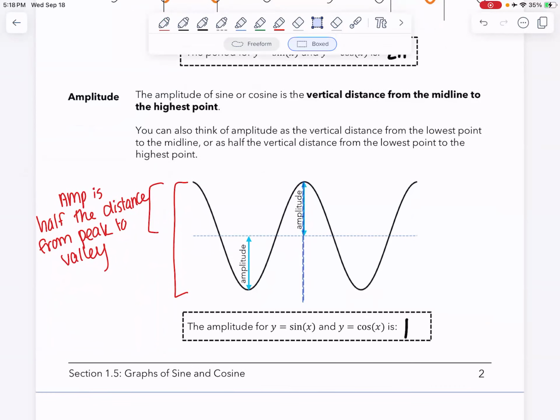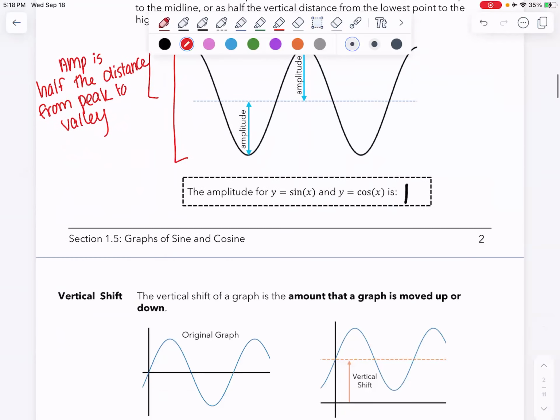So if you know this total distance, half of it would be the amplitude.